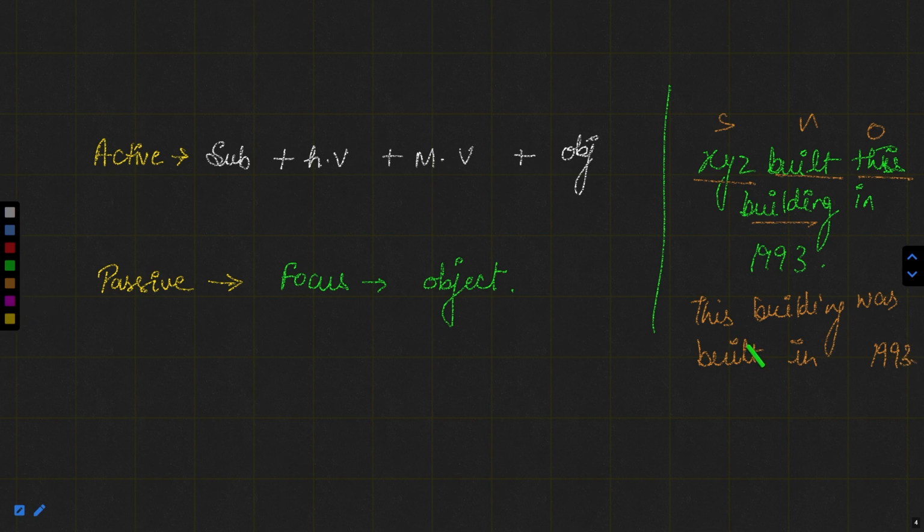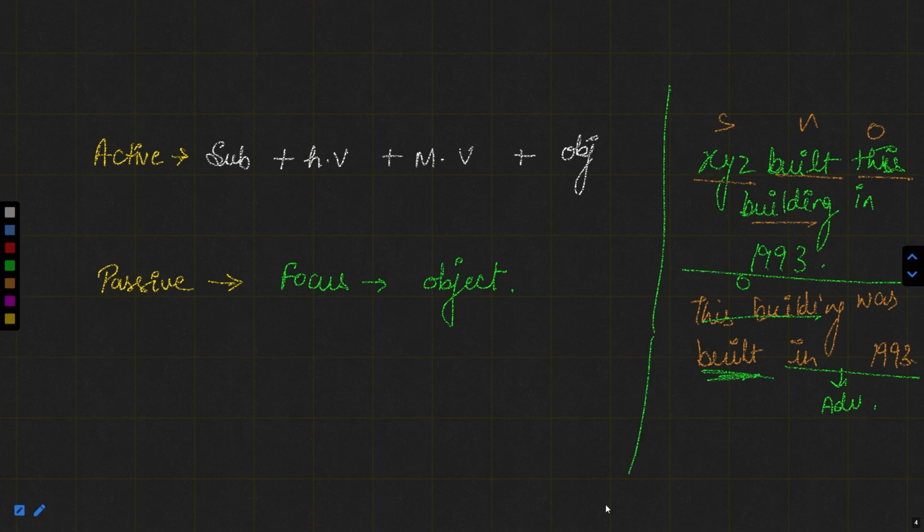You can say that this 1993 is actually an adverb, or the time of the action, whereas built is the verb. And what was built? This building. So this is the object, not the subject, because the subject is actually who does the action. Here the action is done, built, and who does it, we don't know.